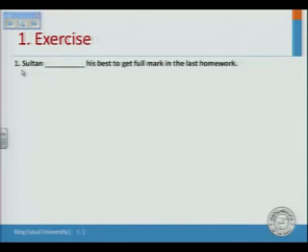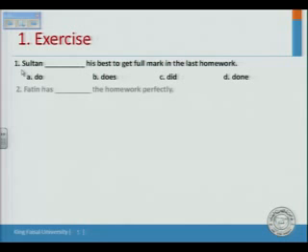Number 1: Sultan. We can replace Sultan by using he. His best to get full mark in the last homework. So there is an adverbial of time to tell you that the time of the sentence is in the past. This is a sample of the final test, just to train.